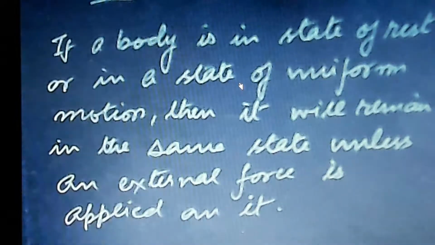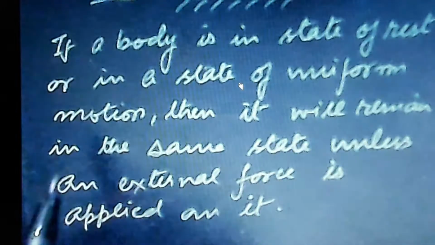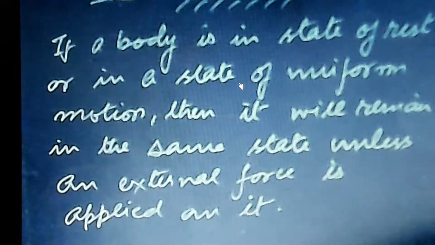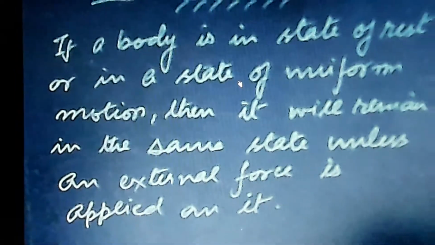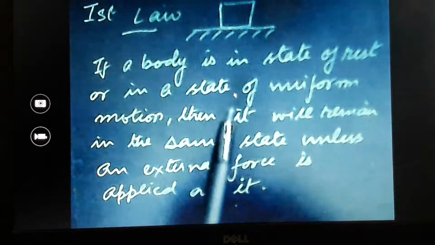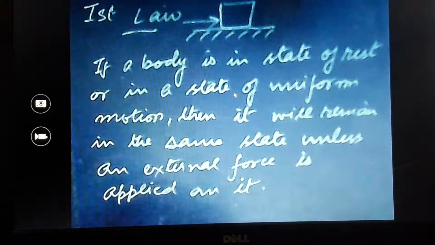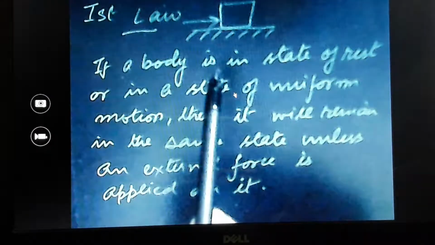Okay, so there are a lot of examples for the same. Let's say you have a box residing on some table. This box will remain in its state of rest unless you apply some force on it, and then it will start moving. If you apply some force in some direction, the box will start moving in that direction.